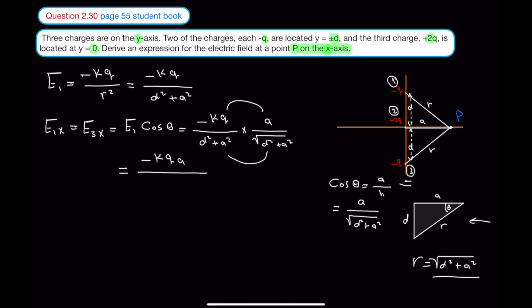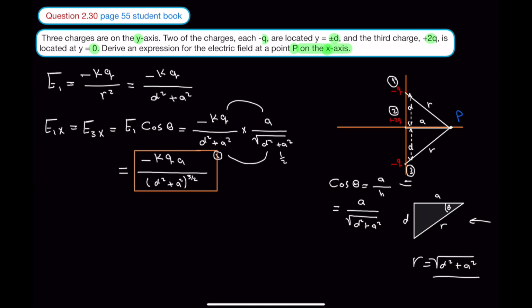So here we have 1, and here we have power of half. So the total will be d squared plus a squared all to the power of 1.5, which is 3 over 2. So this is the first one for E1x and E3x.